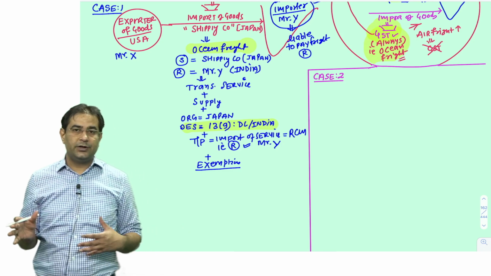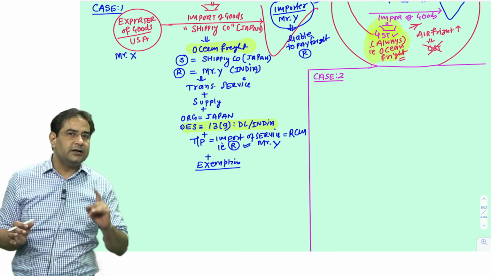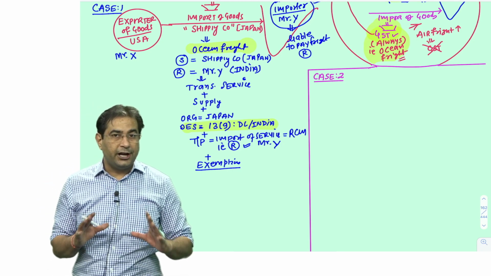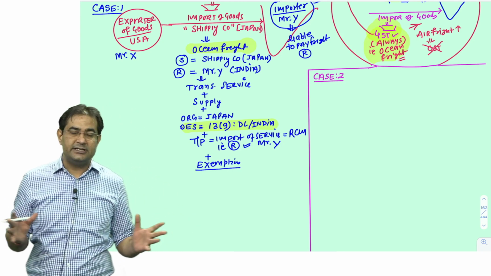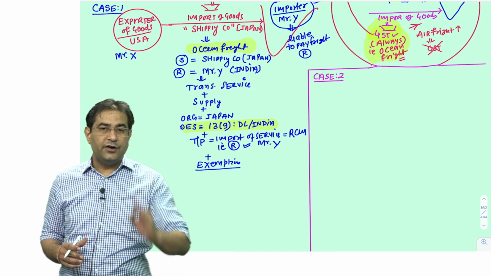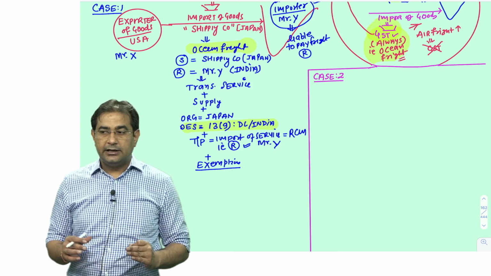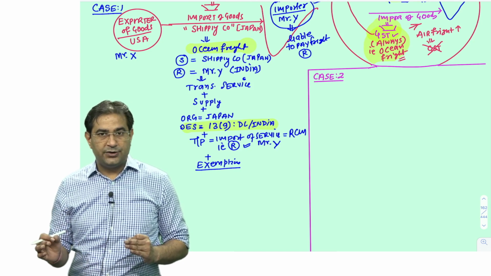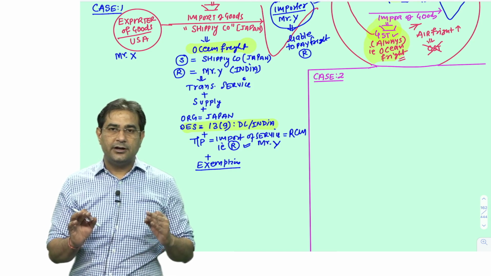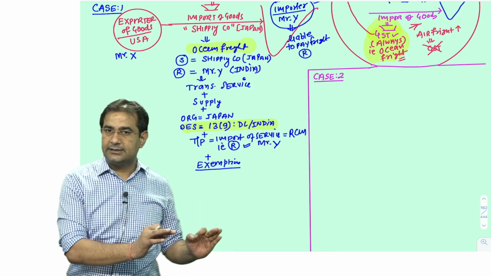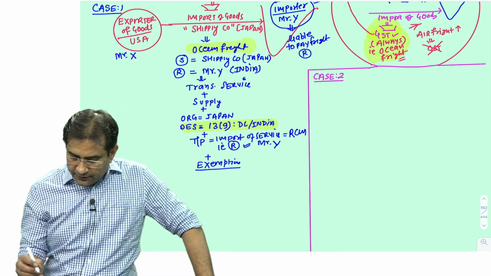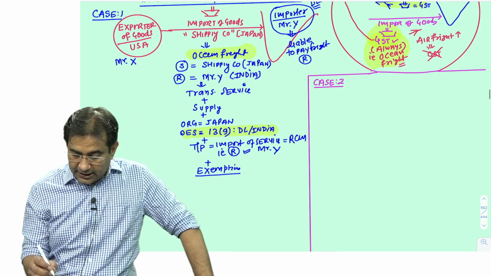In this particular case, I will make a single change. The rest of the question will remain the same. The one change is that in case number 2, the recipient would be Mr. X. Then what will happen? The rest of the facts and data will remain the same.